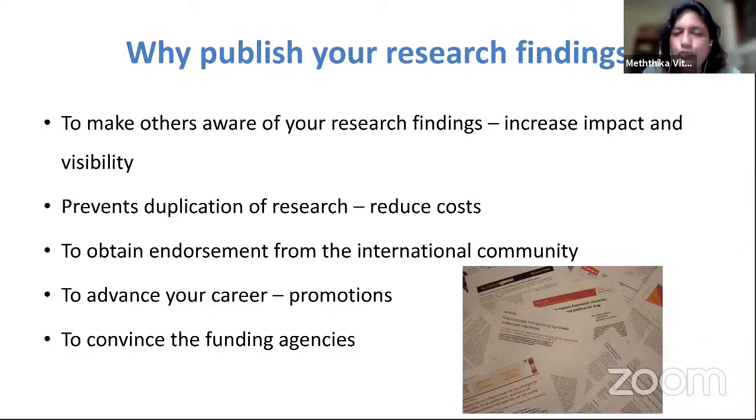So when she goes through the literature, she understands that this kind of research has already been done. So she will not take this particular research forward again, because that will reduce the cost to the country, and reduce the cost to the institute, right?